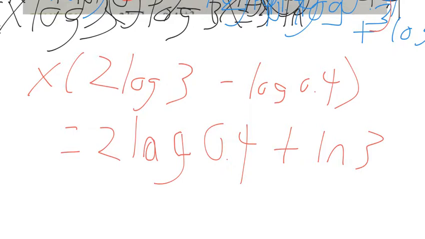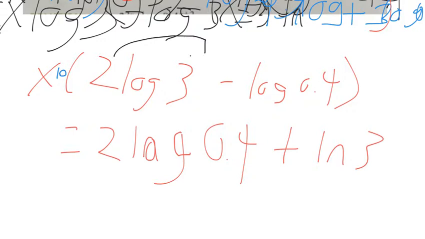Now, to solve for x, since we're multiplying x by this side, it might help if we go ahead and combine these so it's not as much to write. This 2, since it's in front of the log of 3, can be moved to the exponent. And since we're subtracting, we can combine those into one logarithm and divide, since they both have the same base.